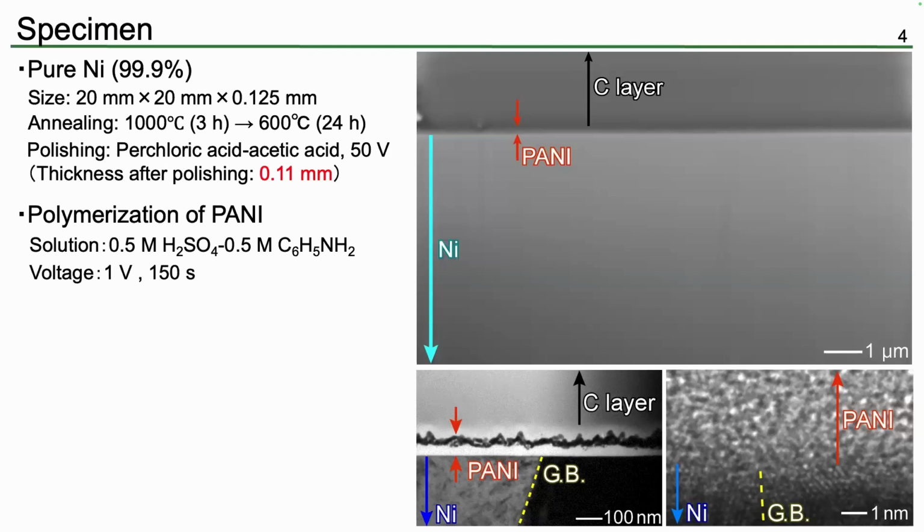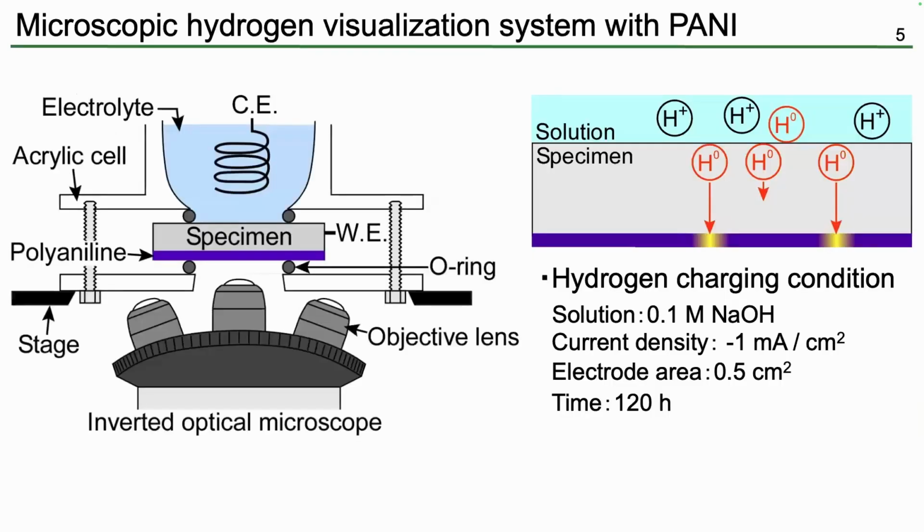So we checked the crystal structure and the thickness of the polyaniline using TEM observation shown here. The thickness of the polyaniline and the crystal structure of the polyaniline layer showed no dependence on the microstructure of the nickel. So using this polyaniline layer, we visualize the microscopic hydrogen distribution.